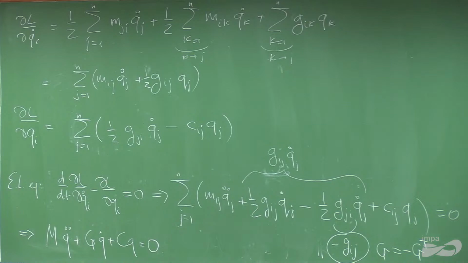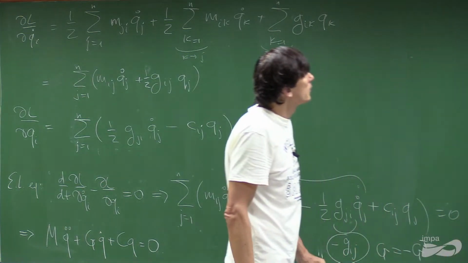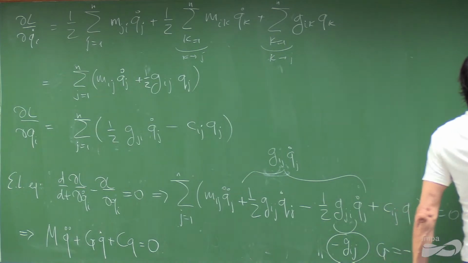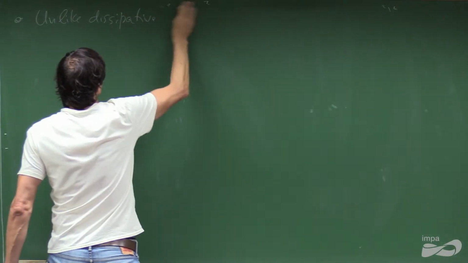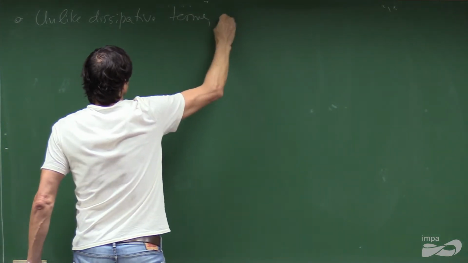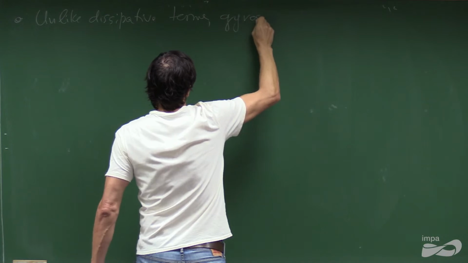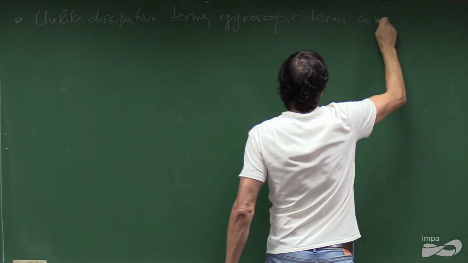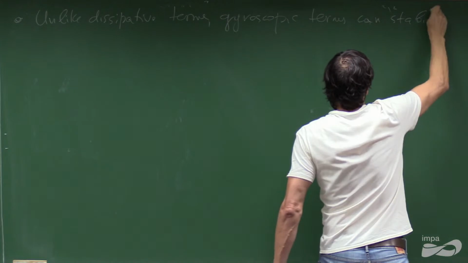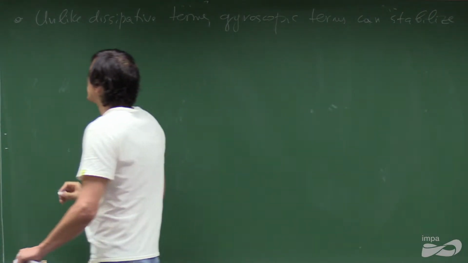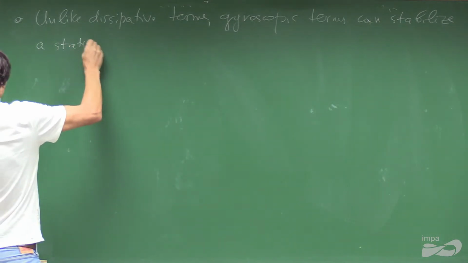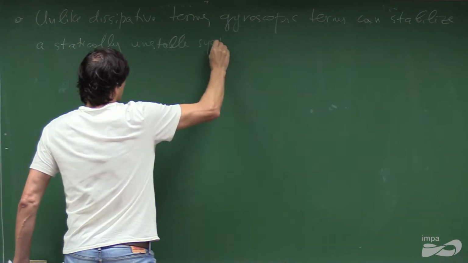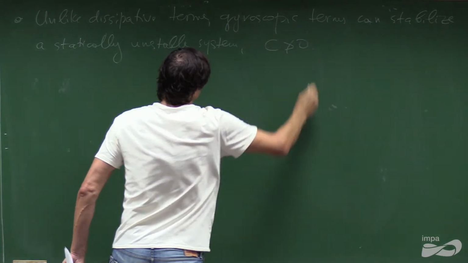So what we can comment is that, in principle, unlike dissipative terms, gyroscopic terms can stabilize a statically unstable system, which means that C is not positive definite.